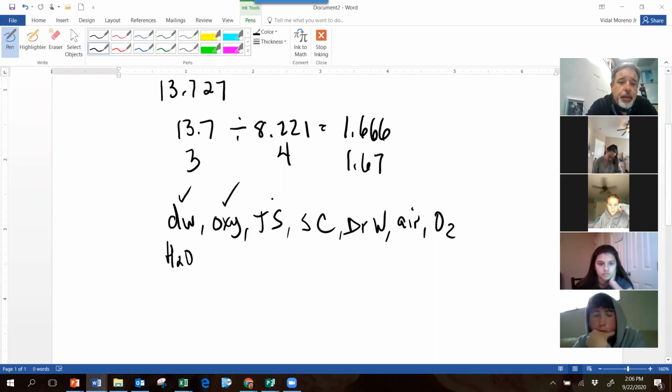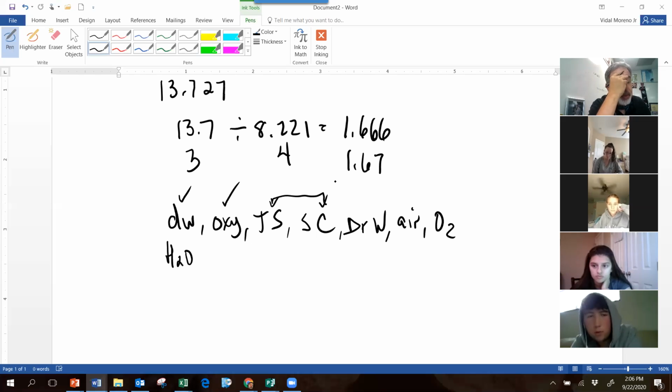Table salt. I love putting these things together in order to make you guys think. All right, as I keep telling you, table salt I can buy at Walmart for 59 cents a pound. Sodium chloride I can buy from Flynn Scientific for $59 a pound.